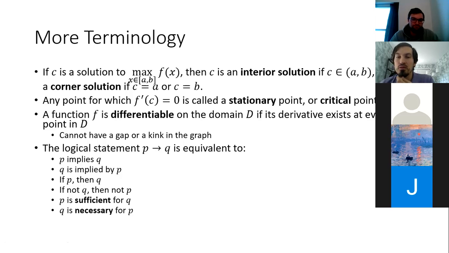So that's what a necessary condition does. It says, well, I'm not sure if I found the answer, but I do know that if this is going to be the answer, then at least the necessary condition should be true for optimization.